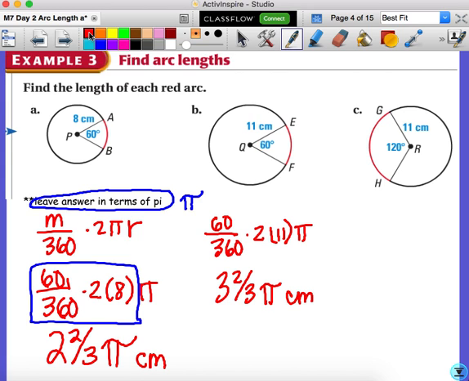And last but not least, we have 120 out of 360 times 2 times 11 pi, which gives me 7 1/3 pi centimeters. Again, that 1/3 is coming from 0.3 repeating, and the 2/3 is coming from 0.6 repeating.